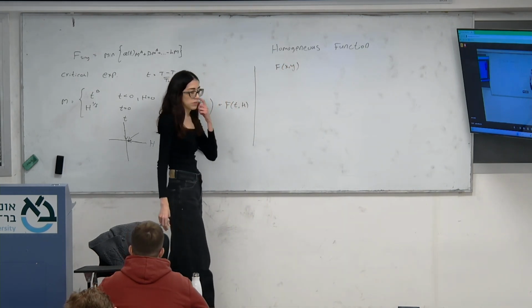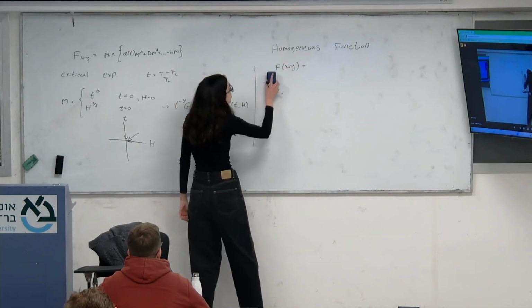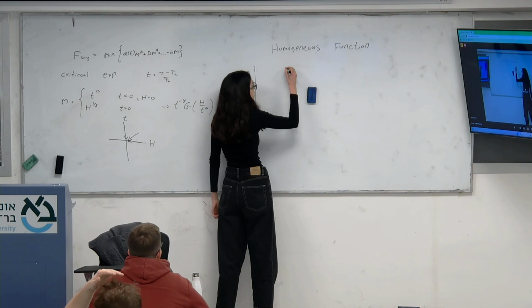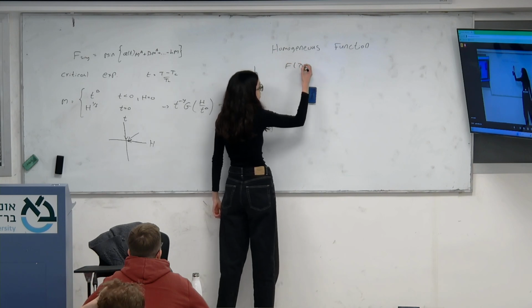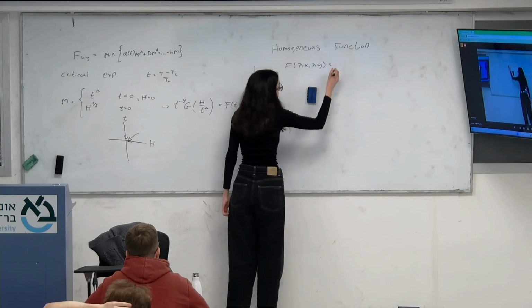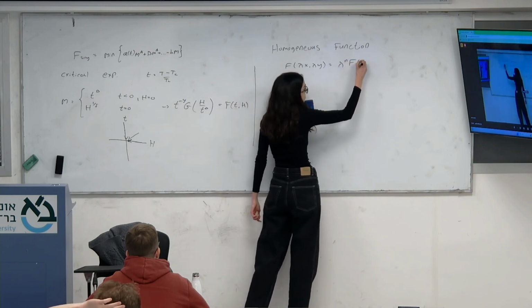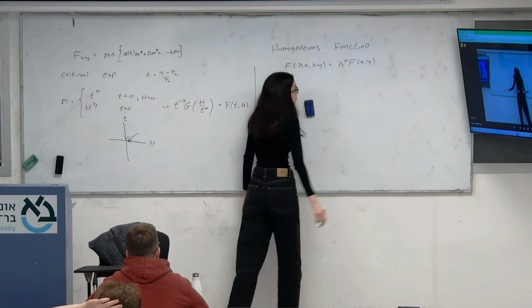So f of x and y is a homogeneous function if it follows: if I take f of lambda x and lambda y, this is equal to lambda to the power n of f of x and y.